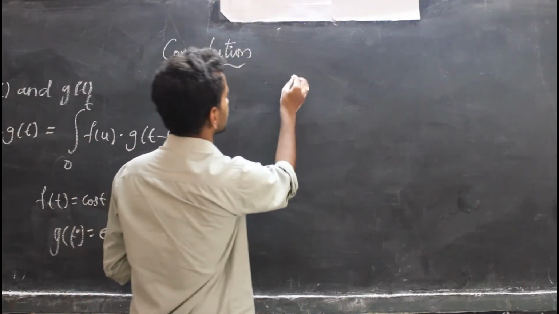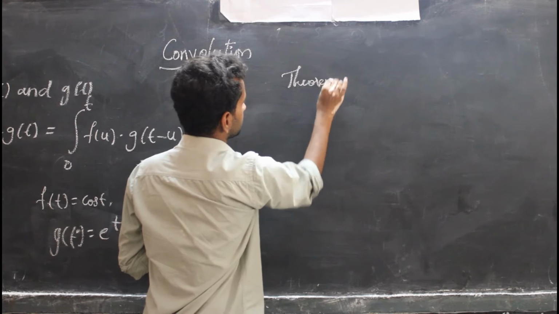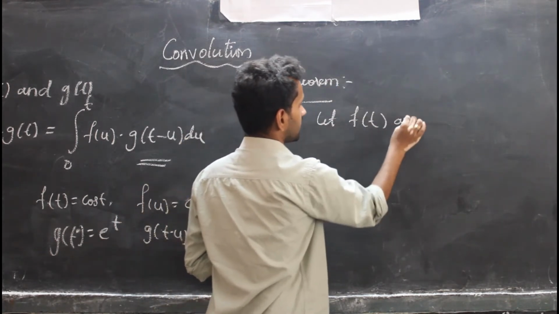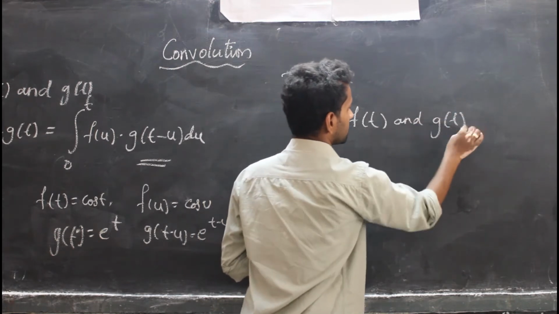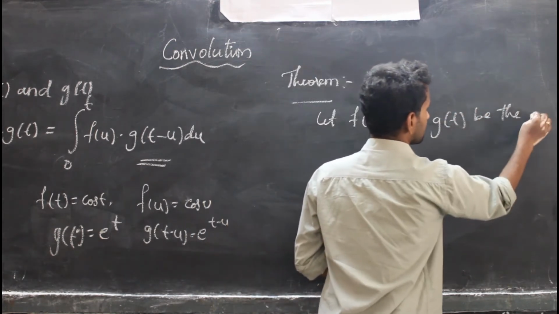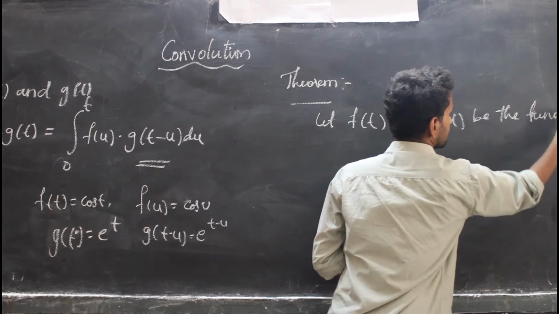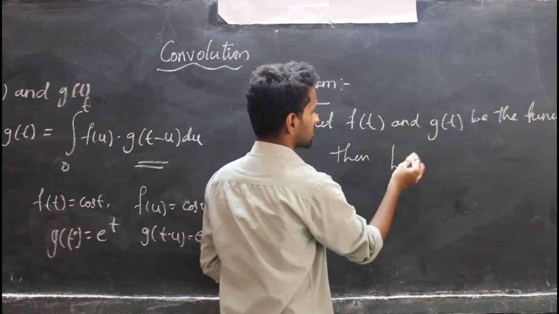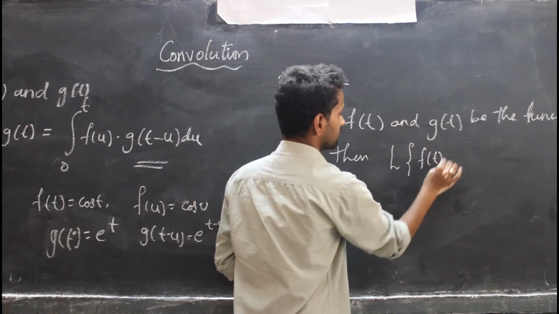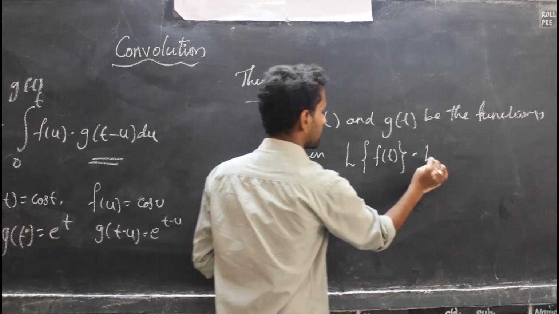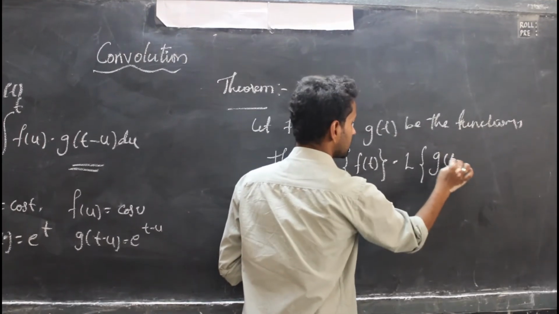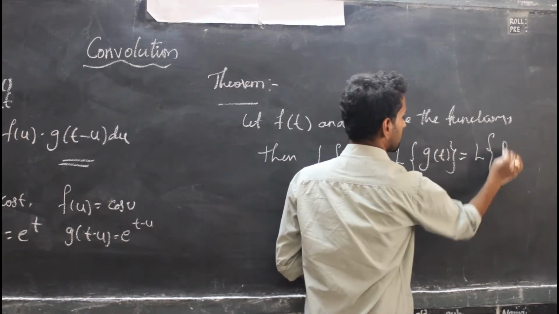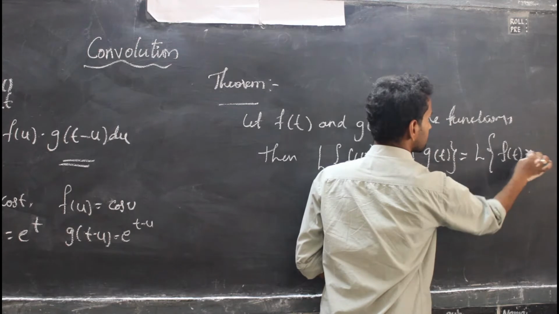The convolution theorem says that, let f(t) and g(t) be functions, then the Laplace transform of f(t) into the Laplace transform of g(t) equals the Laplace transform of f(t) star g(t).